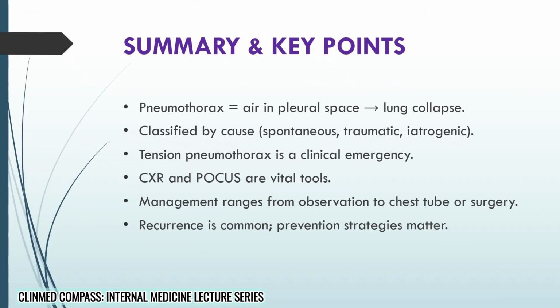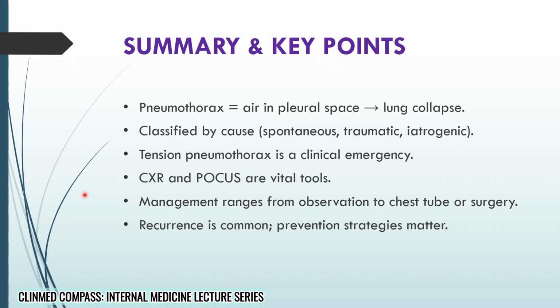To recap, pneumothorax is air in the pleural space, often causing lung collapse. It could be classified in terms of etiology and airflow. Tension pneumothorax is a clinical emergency. Diagnosis can be clinical. Chest X-ray and point-of-care ultrasound scan are vital tools.